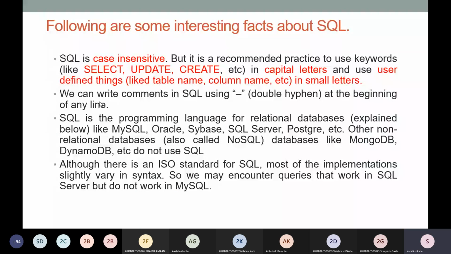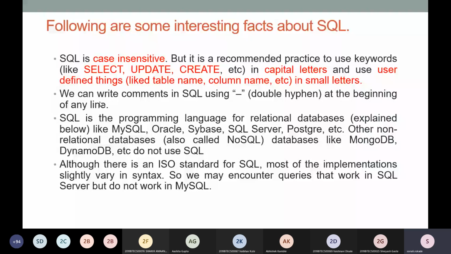What are the interesting facts about SQL? The most important part is case sensitivity. SQL is not case sensitive, so we can say that it is case insensitive, but it is recommended practice to use keywords like SELECT, UPDATE, CREATE in capital letters.